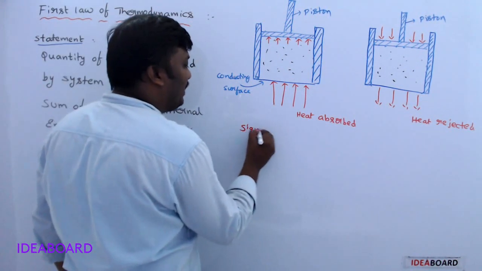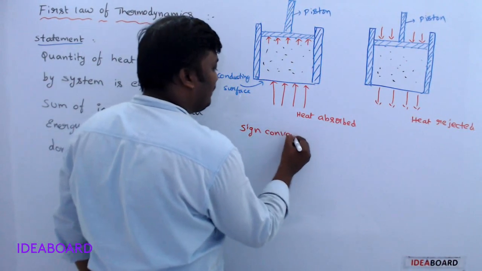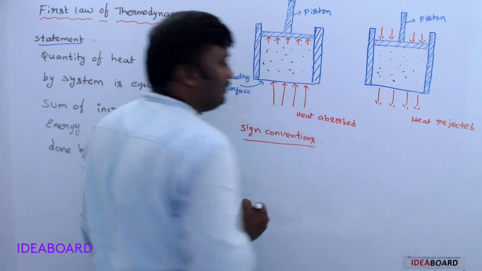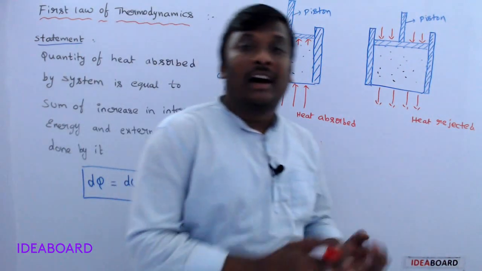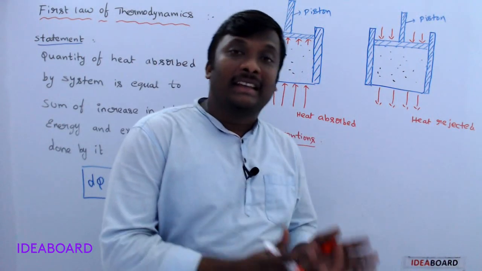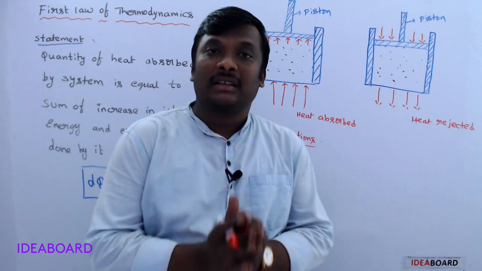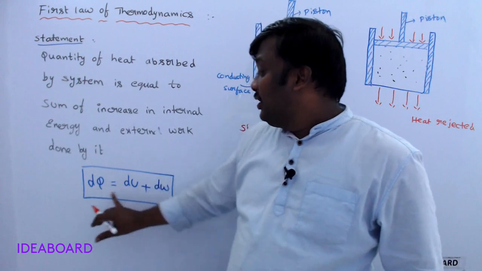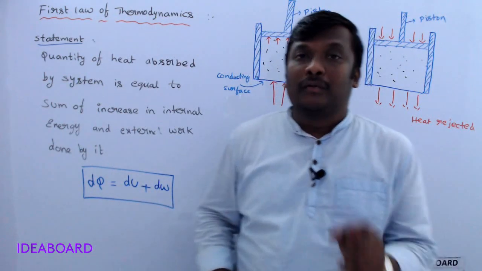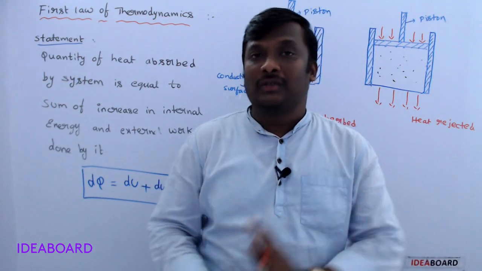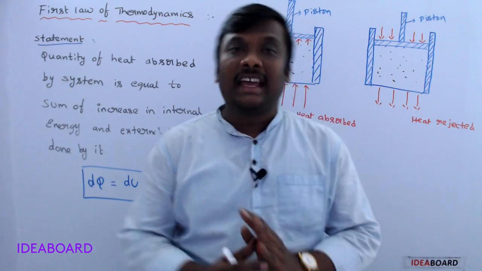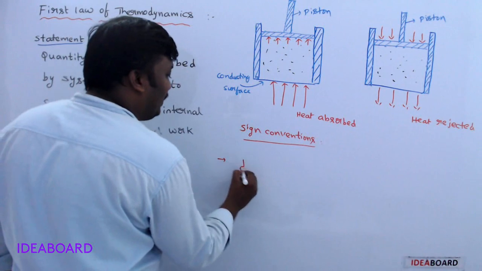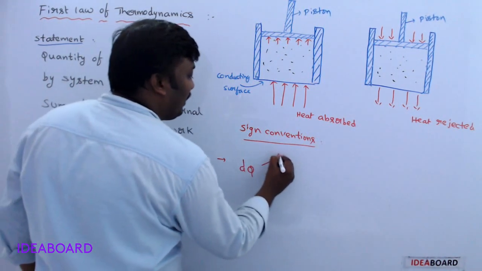Okay. So if you want to apply the first law of thermodynamics, the most important thing you must remember is the sign conventions. Sign conventions mean that whenever you supply heat or reject heat, or work is done by the gas or on the gas, you represent dq, du, dw with a positive or negative sign. The first sign convention is related to dq.